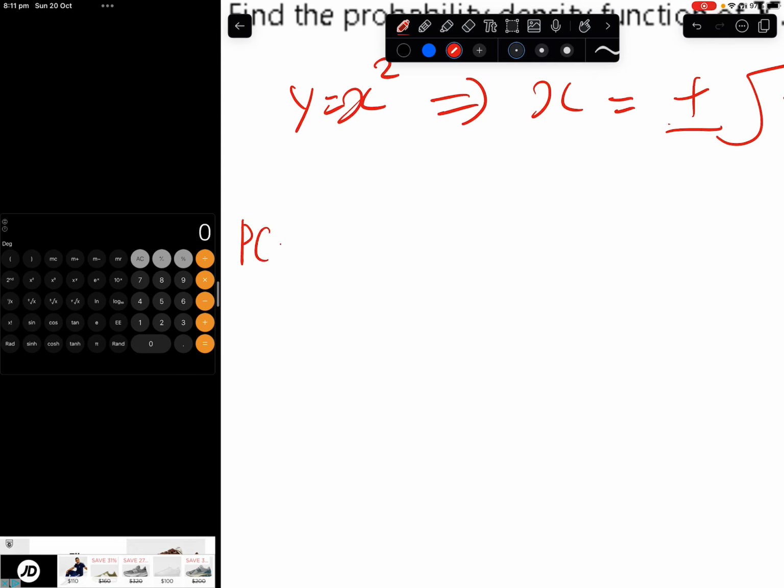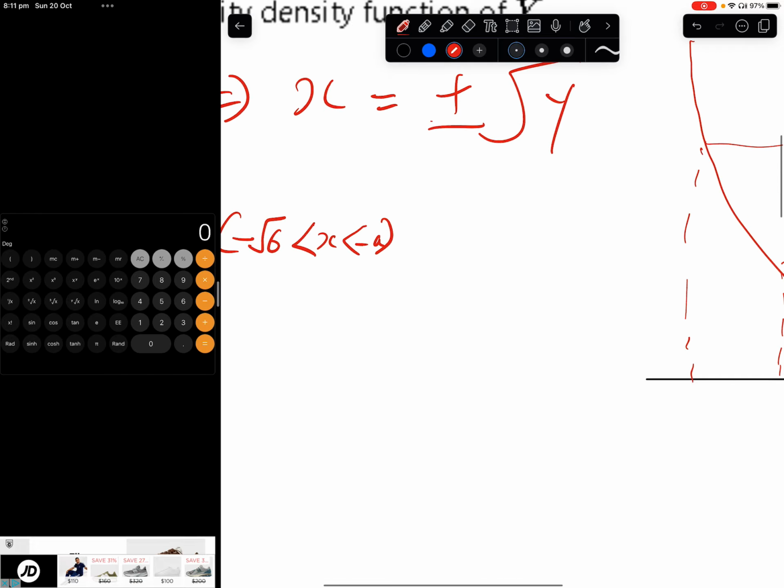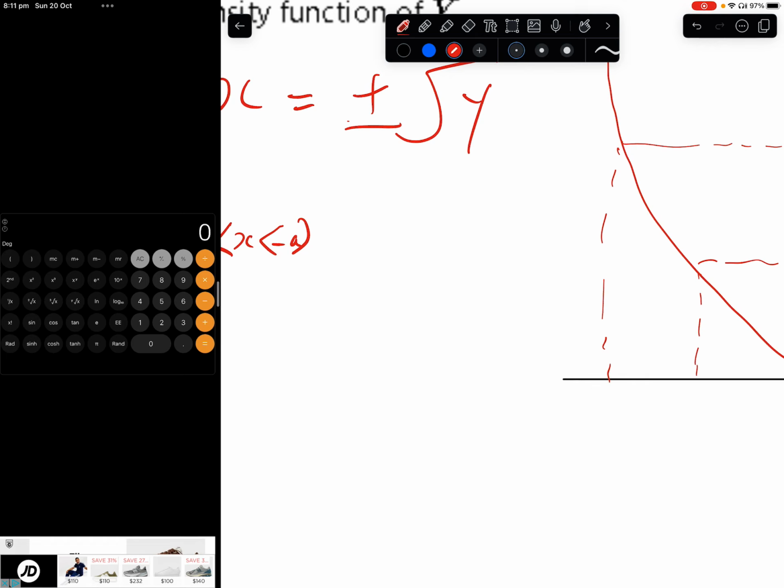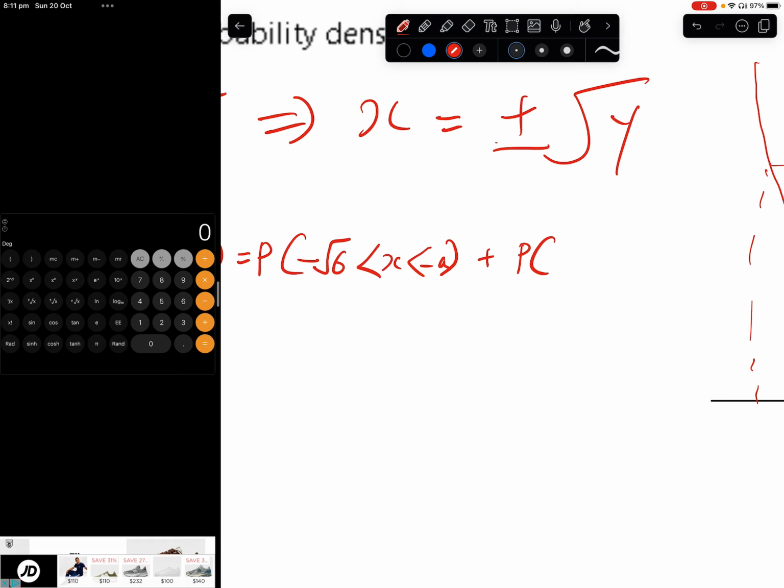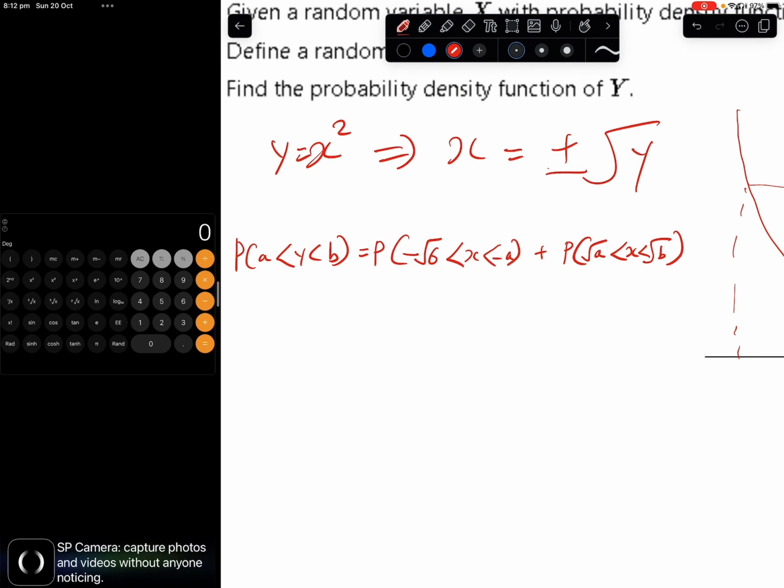A is more than y, and B is less than y, and then we continue with the probability.